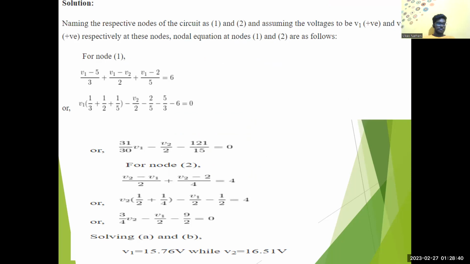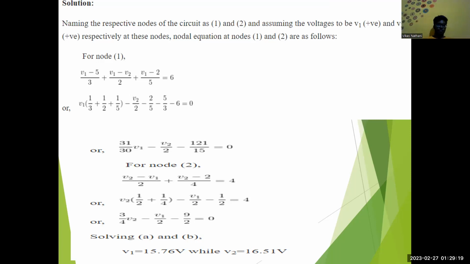For node 1: (V1 minus 5) by 3 plus (V1 minus V2) by 2 plus (V1 minus 2) by 5 equals 6, or V1 times (1 by 3 plus 1 by 2 plus 1 by 5) minus V2 by 2 minus 2 by 5 minus 5 by 3 minus 6 equals 0, or 31 by 30 V1 minus V2 by 2 minus 121 by 15 equals 0. This is all about node 1.